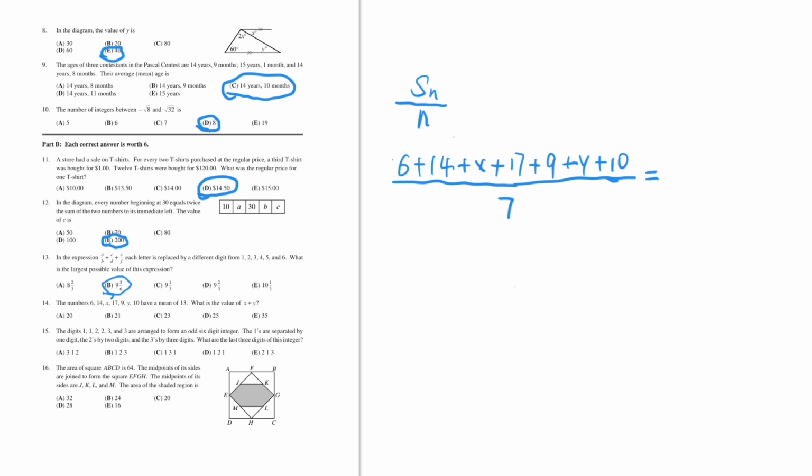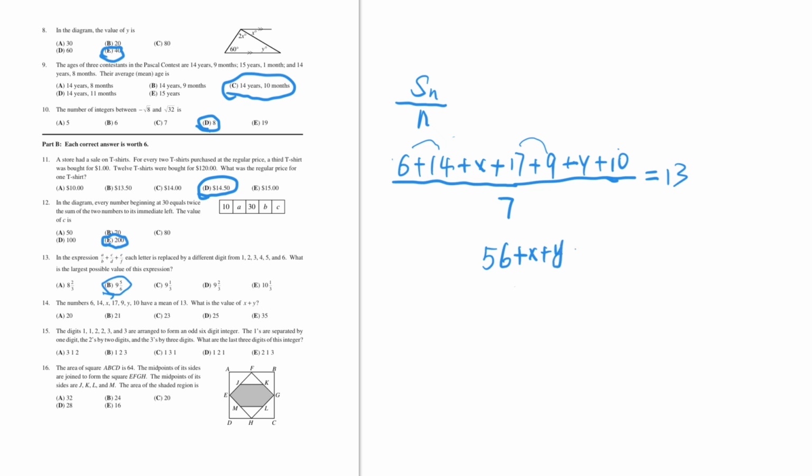That's equal to 13. So add all of them together: 20, 30, and 26. All together, that's 56. So 56 plus x plus y.